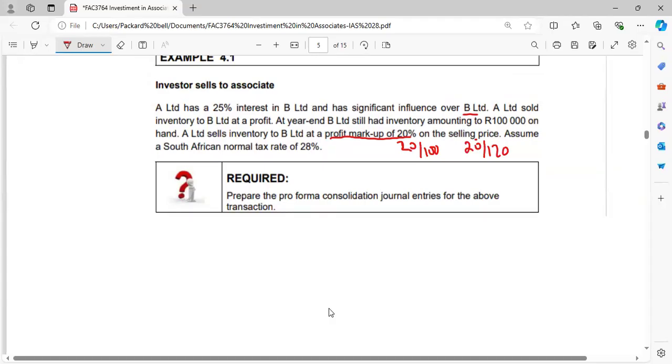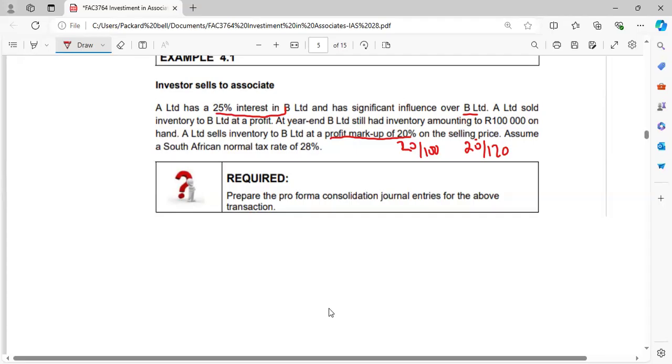A Limited is 25%. The only thing that has changed here is that we only eliminate to the extent of the investment in the associate, but the elimination is still the same. Nothing has changed, which means your elimination journals are still going to be the same.